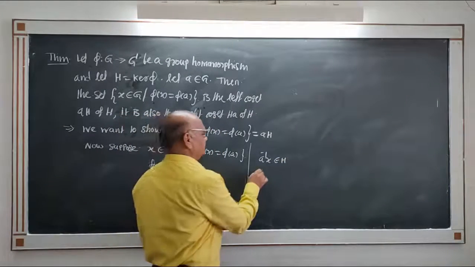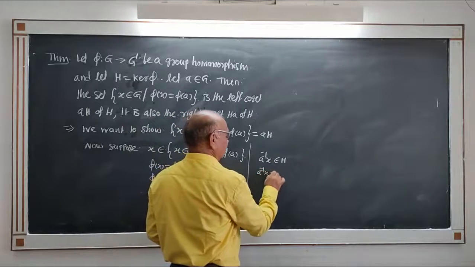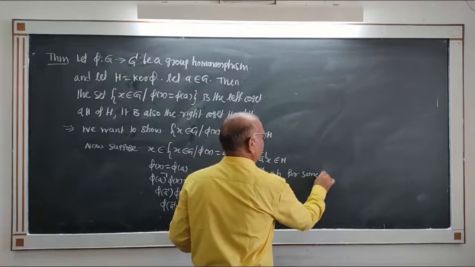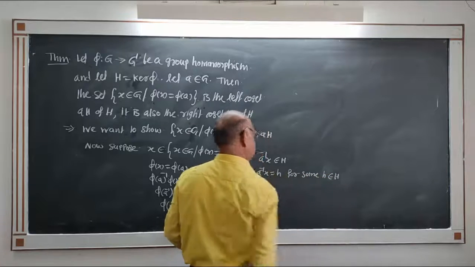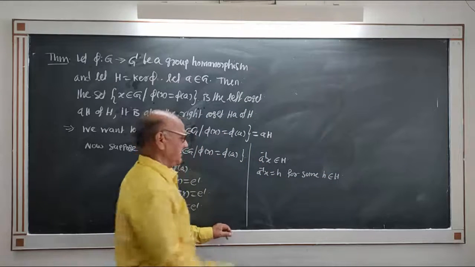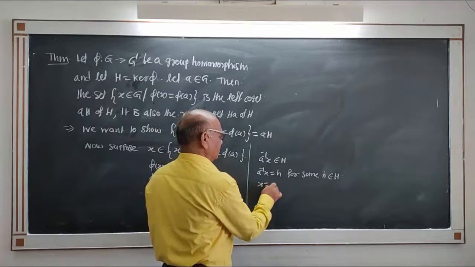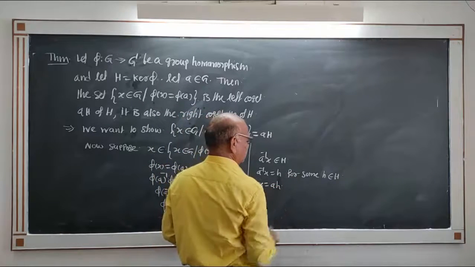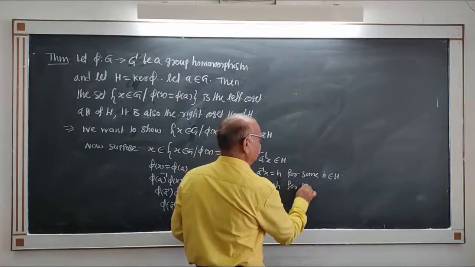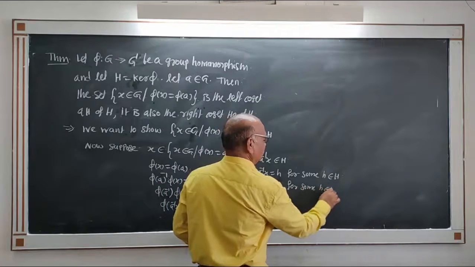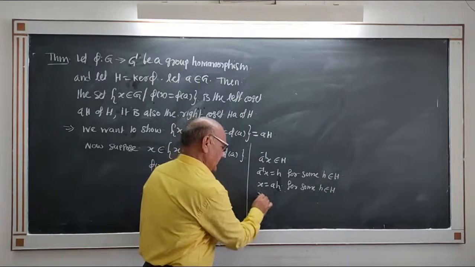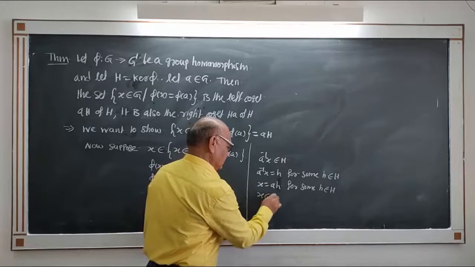Now, A inverse X is equal to h for some h belonging to H. So X is equal to Ah for some h belonging to H, and this X belongs to AH.